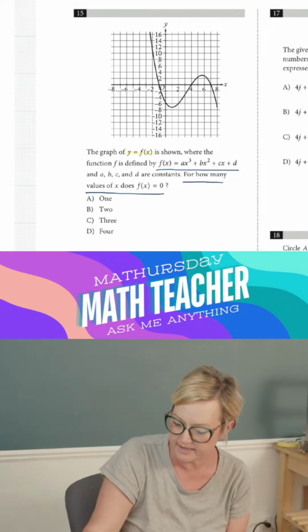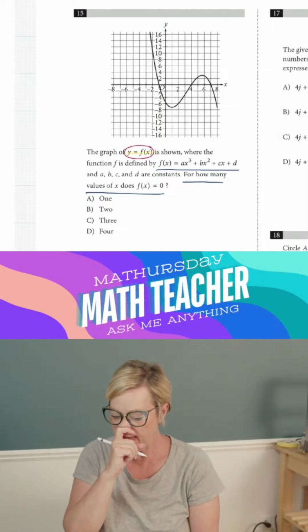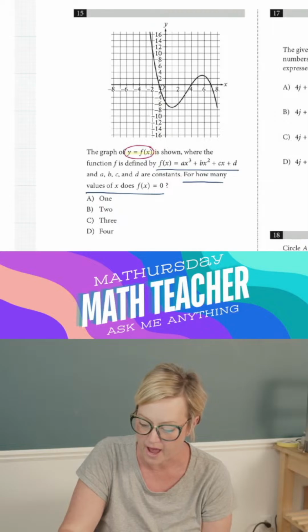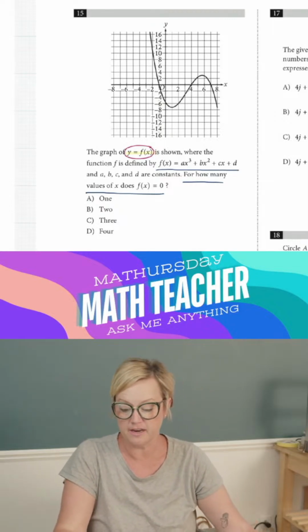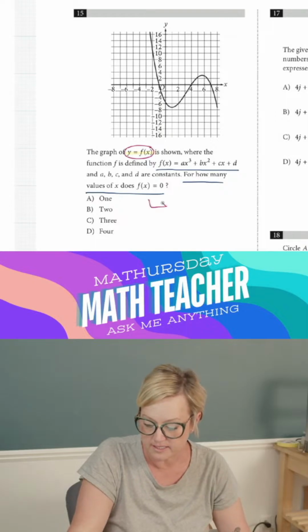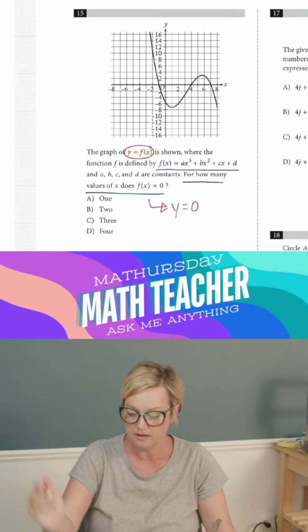So we have y equals f of x. That means we are looking for how many different values of x make y equal to 0. Where y is equal to 0, that is the x-intercept, okay?